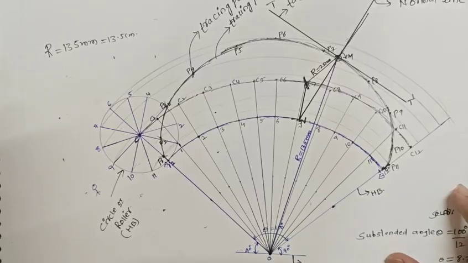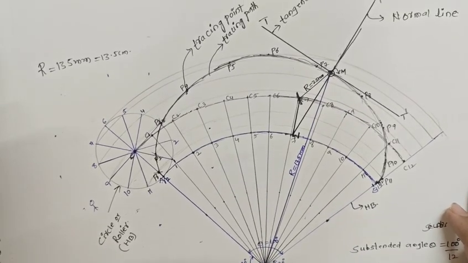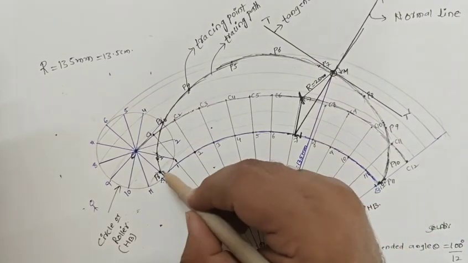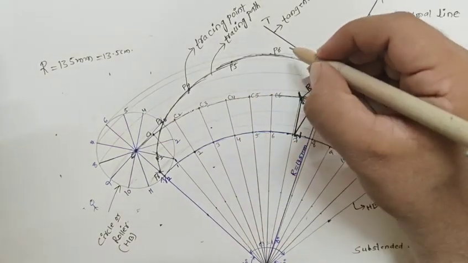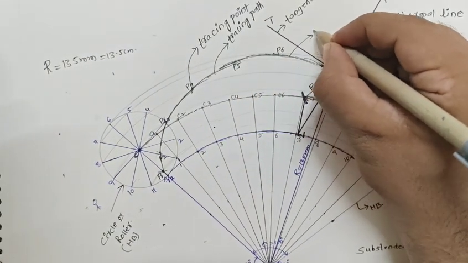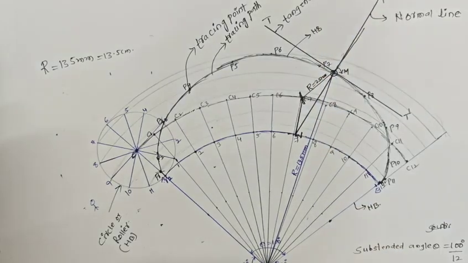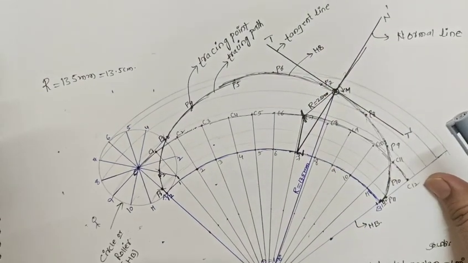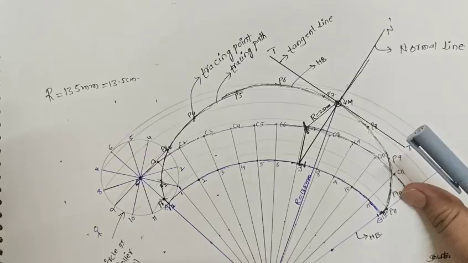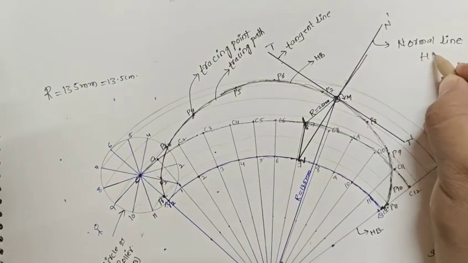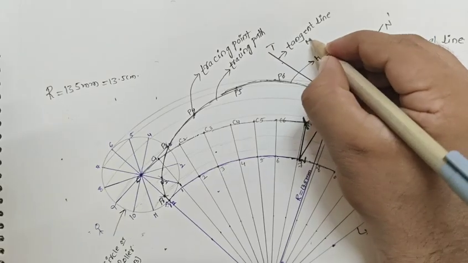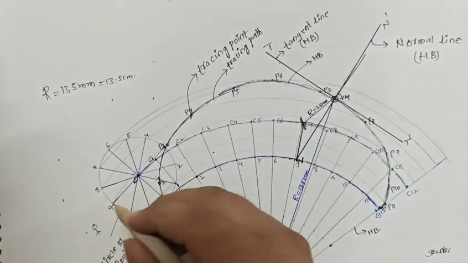Then for the overall cycloid profile, which pencil? HB pencil. For the tangent line and normal line, again we have to use HB pencil.